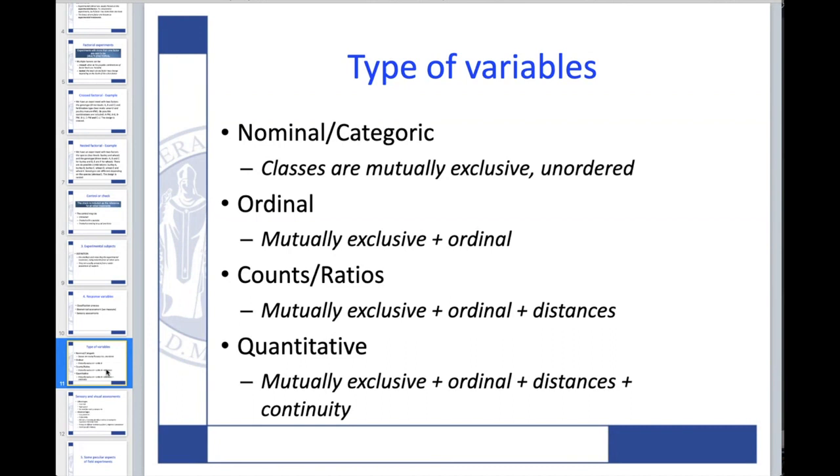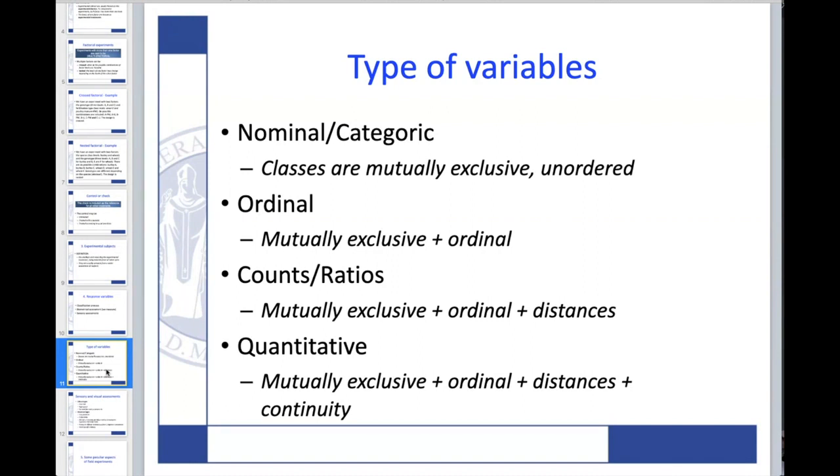Counts and ratios are ordered, but they might have one further trait, that is the distance. If we have classes made with counts, like in the example I gave before, we might have 1, 2. We know that 1 is lower than 2, but we also know that the distance between one class and the next one is constant, because we have the same distance from 1 to 2 and from 2 to 3.